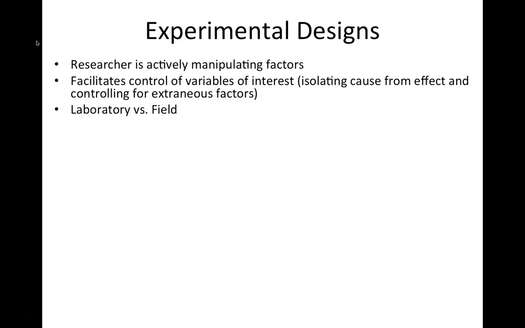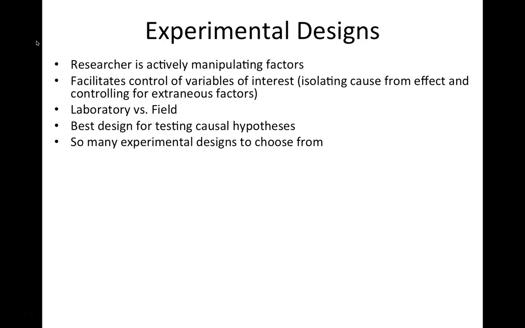And then a lot of that research is used to inform what we know about the connection between alcohol and sexual behavior, sexual thoughts, and cognitions and emotions. So this laboratory versus field is a really important component of how we think about designing experiments. And these, again, are really used primarily for testing causal hypotheses.